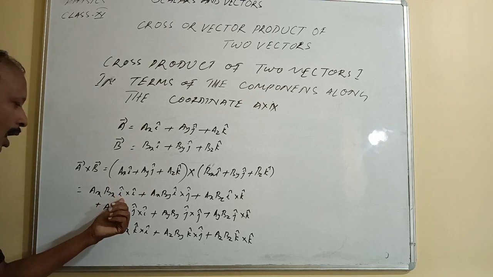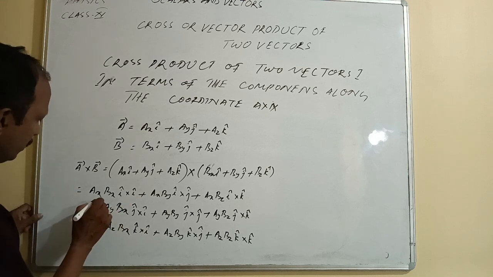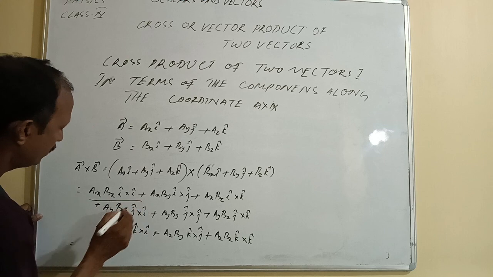Here I cross I means both are parallel vectors, so this will be 0.